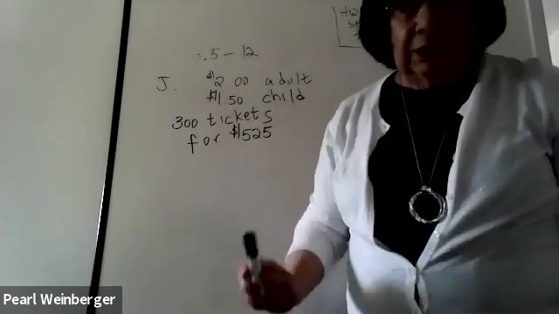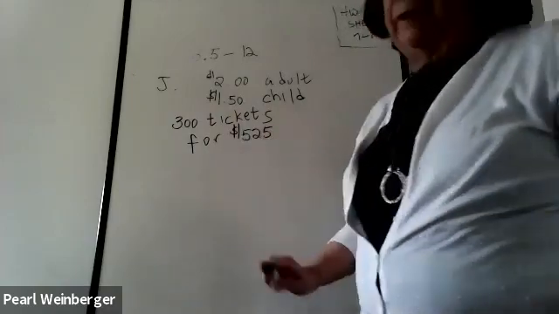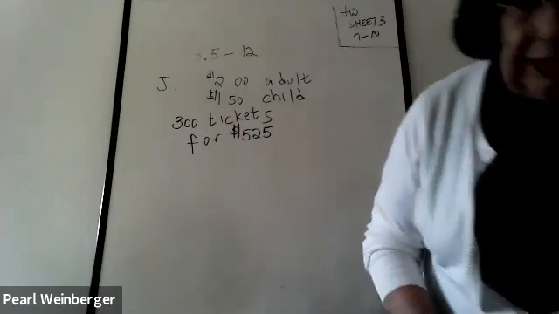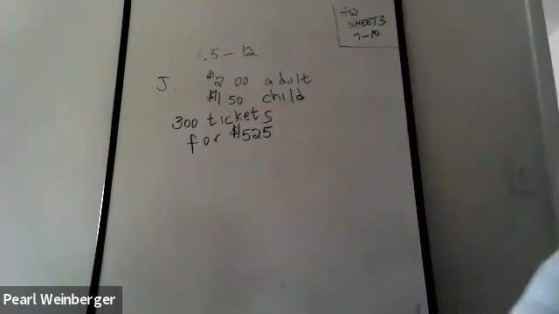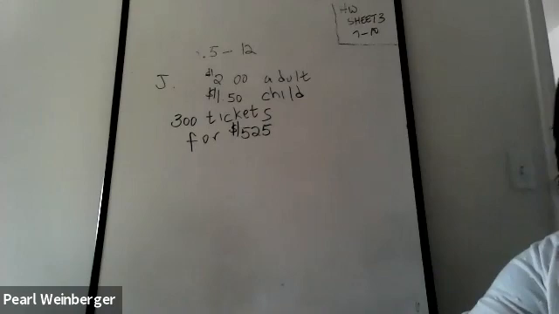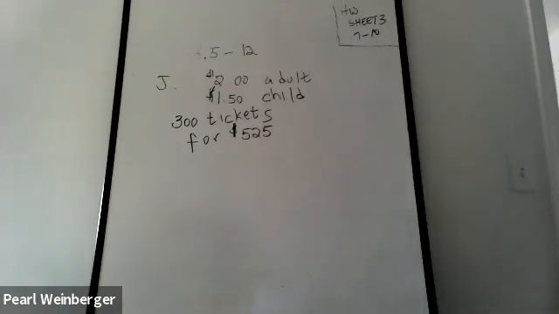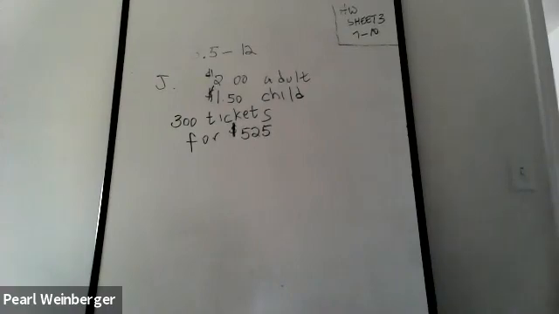Now, again, I'm going to stop here. I'm going to let you set up this system of equations, and then we'll see if we can solve it together. Let's, again, set up our legend and write our equations.